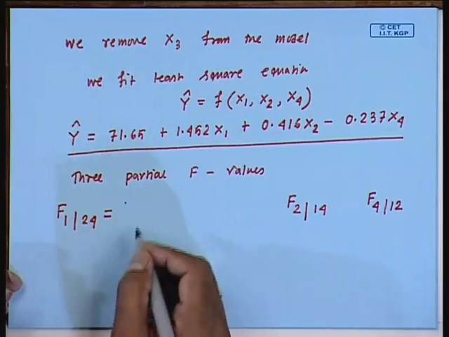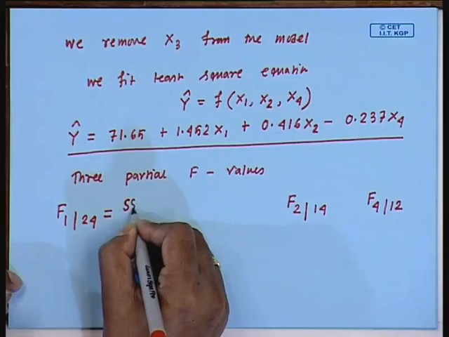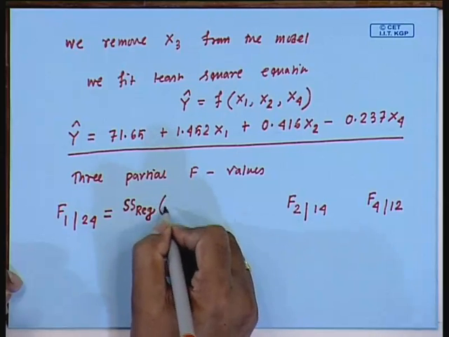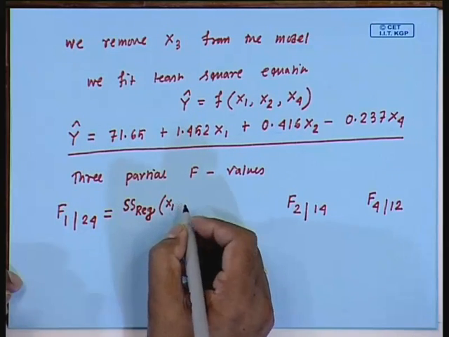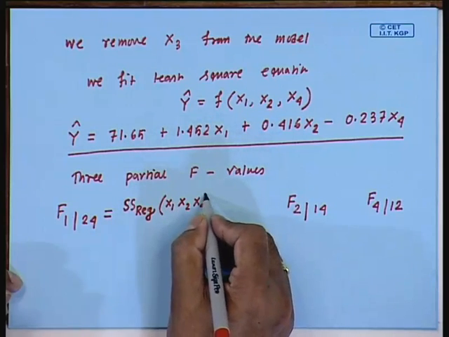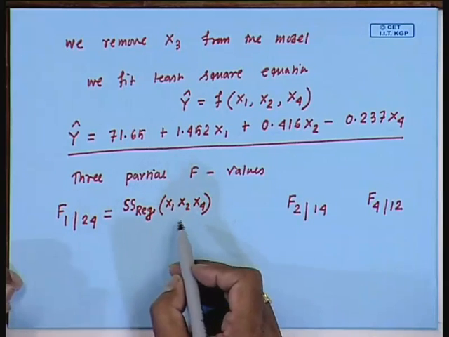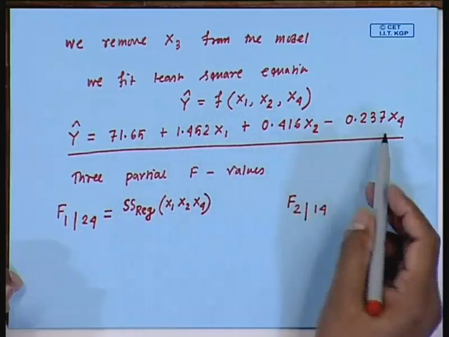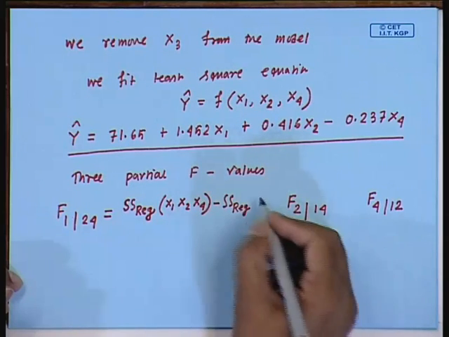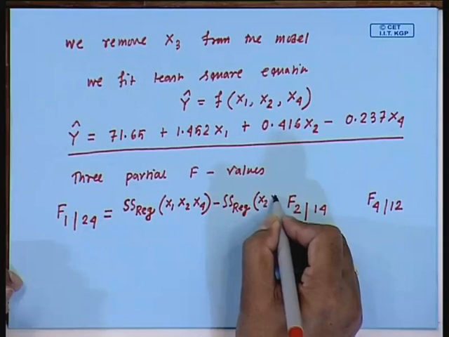Here you compute SS regression for the model x1, x2, x4, minus SS regression when the model involves only x2 and x4.